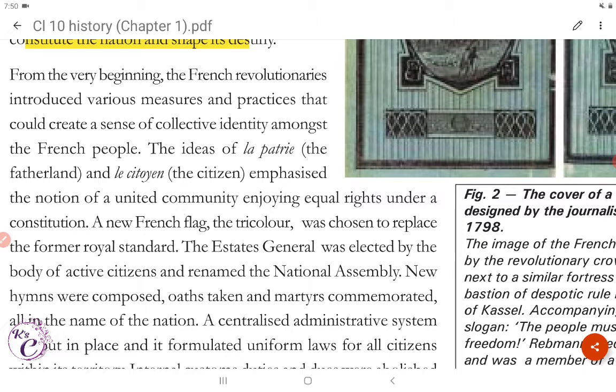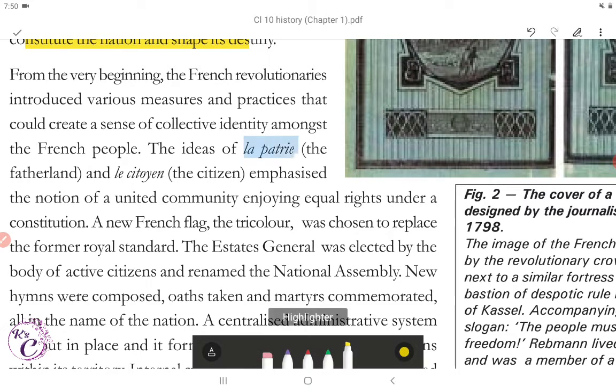The ideas of la patrie, the fatherland, and les citoyens, the citizens, emphasized the notion of a united community enjoying equal rights under a constitution.